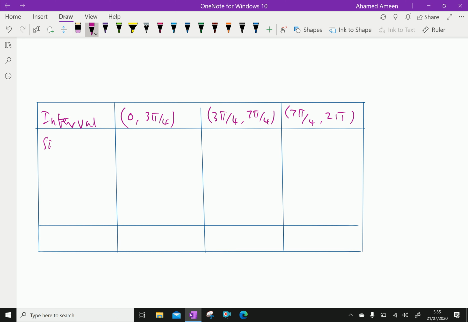Here we are checking the sign of f 2 dash of x, the second derivative.